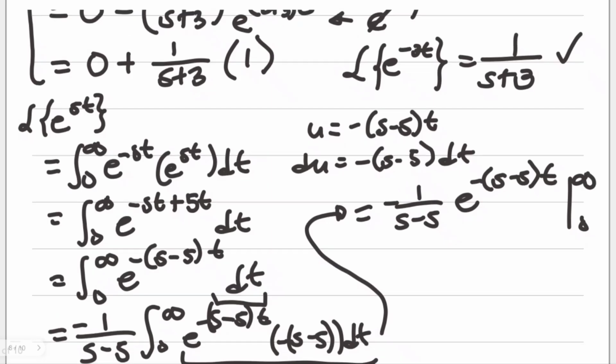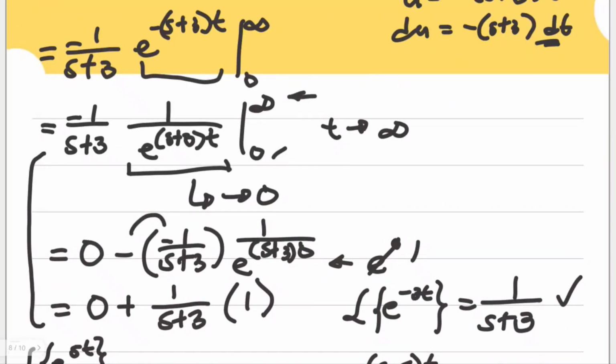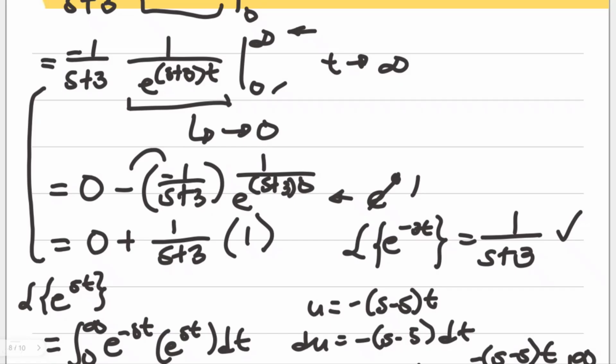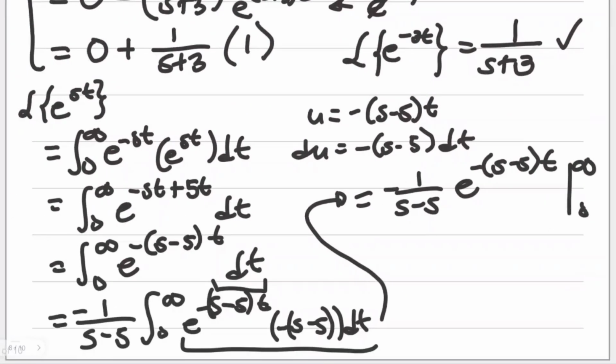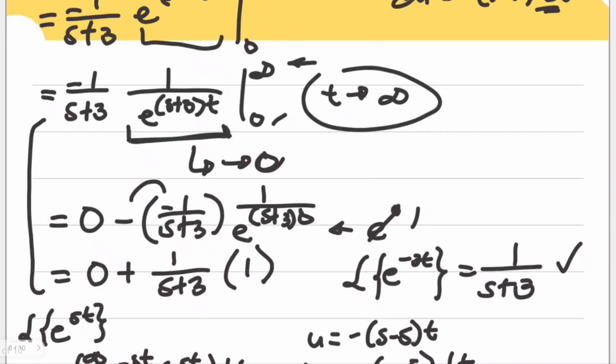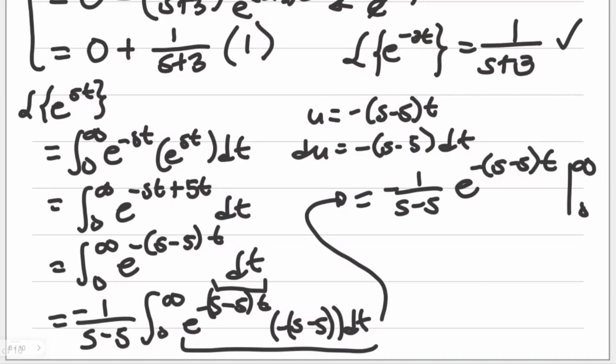Just like what happened earlier here, as t approaches 0, this expression, because we are applying the law of negative exponent, will become a denominator of a rational expression. As t approaches infinity, the entire expression will be approaching 0. So the first term would be 0 for your infinity here.